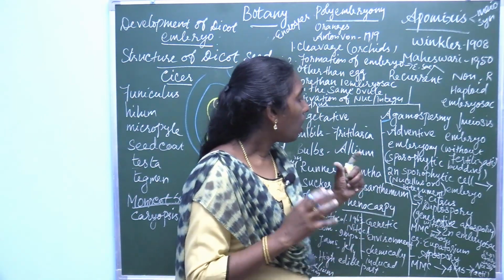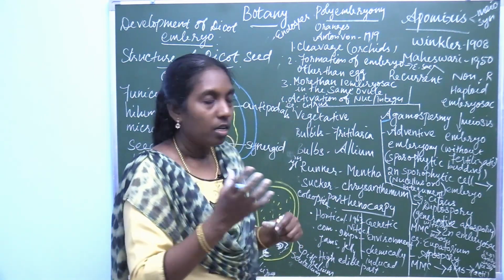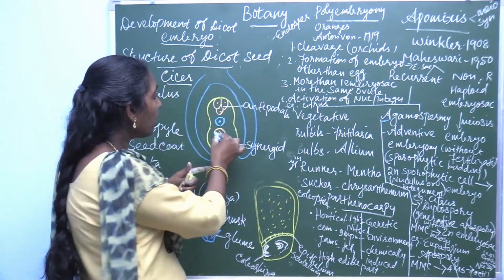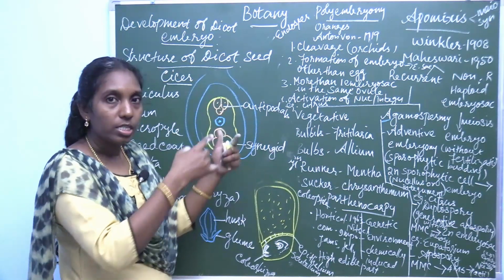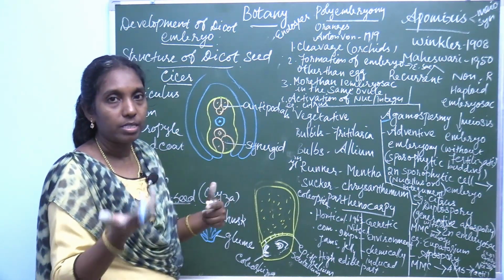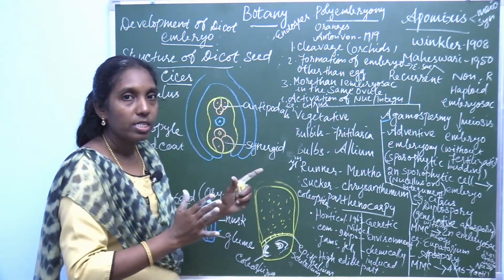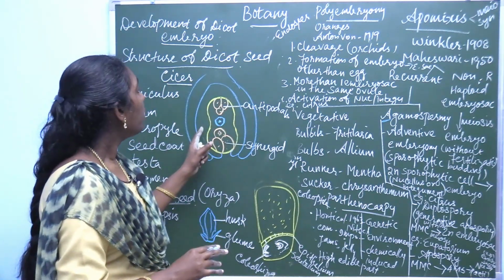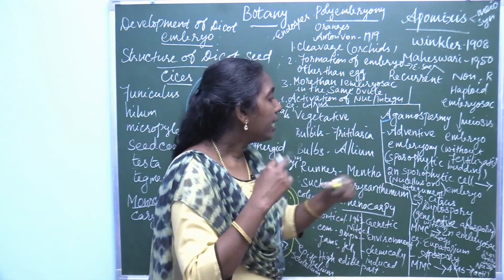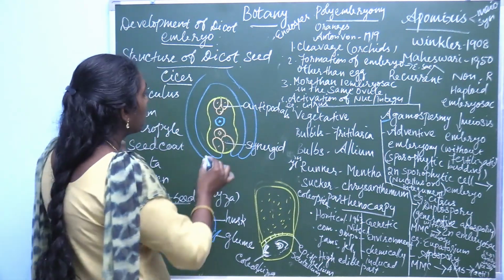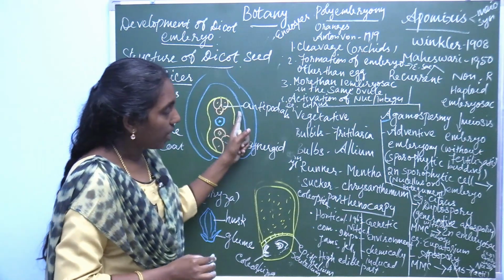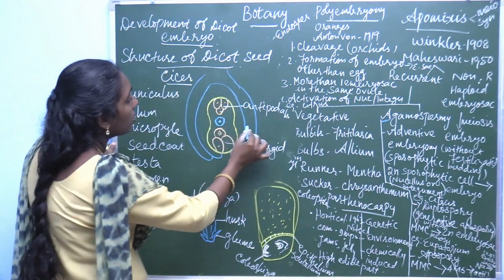What does it mean? How does it develop? In the normal fertilization process, after fertilization the embryo and seed develop, the ovary becomes the fruit and the ovule becomes the seed. But here the normal process is completely absent, yet the embryo develops. How does the embryo develop? From the diploid sporophytic cell. This is the sporophytic cell, here in the embryo sac, either the nucellus or this integument.